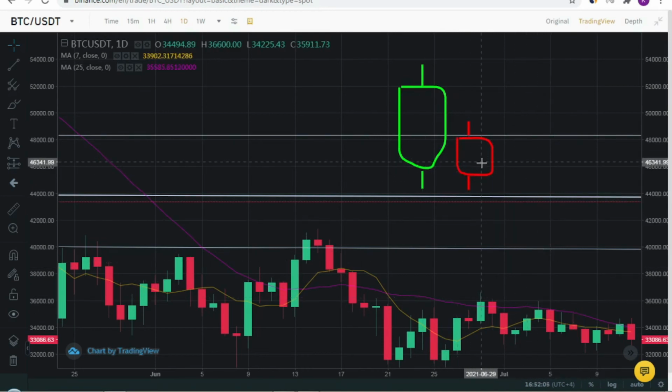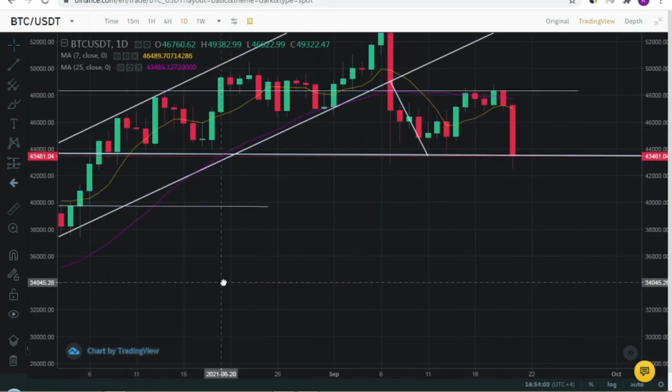Bearish engulfing patterns start with a green candle and end with a red candle. Bullish engulfing patterns start with a red candle and end with a green candle.